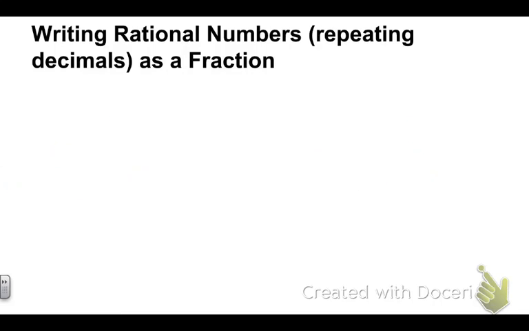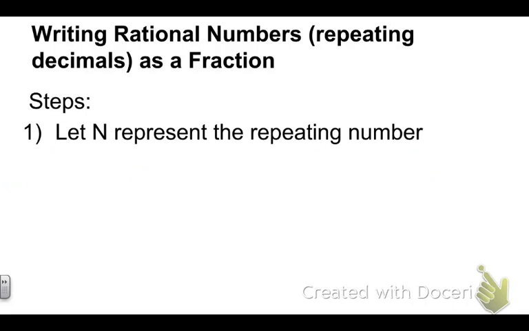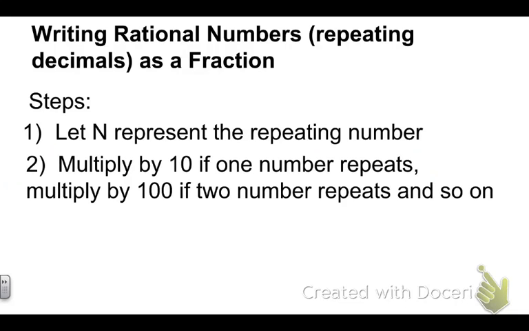Okay, so now here's where the real fun begins. Writing rational numbers as a fraction. This time, alright, with a repeating decimal. So there's a couple steps here. We're going to let n represent that repeating number. We're going to multiply by 10 if one number repeats, multiply it by 100 if two numbers repeat, and so on.